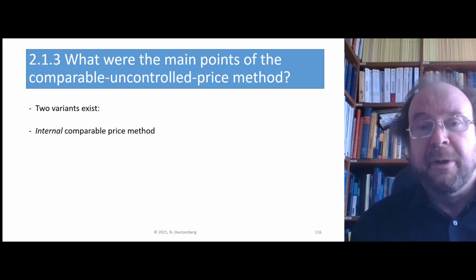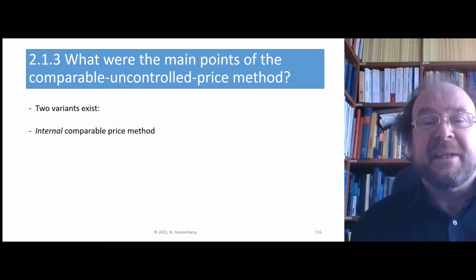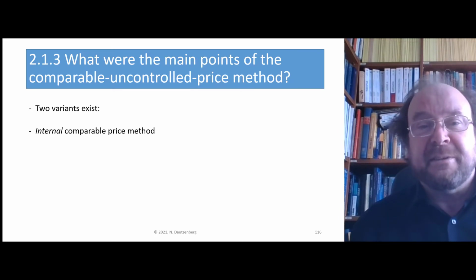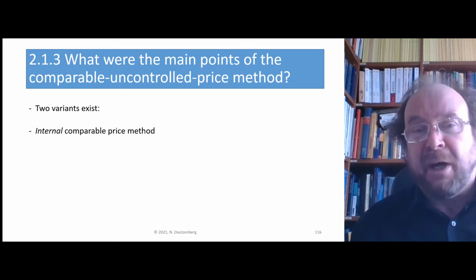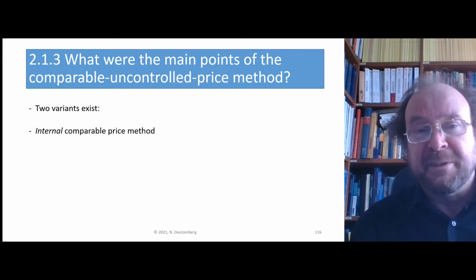the situation. So if your sister company orders 1 million items per year, and outside customers only order 100,000, then naturally this difference in the quantity and in the consumer or customer power makes it necessary to have different pricing agreements.